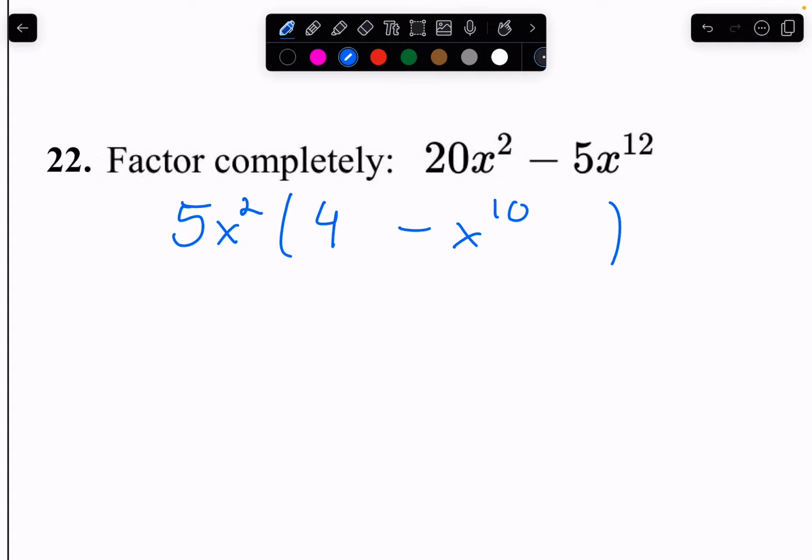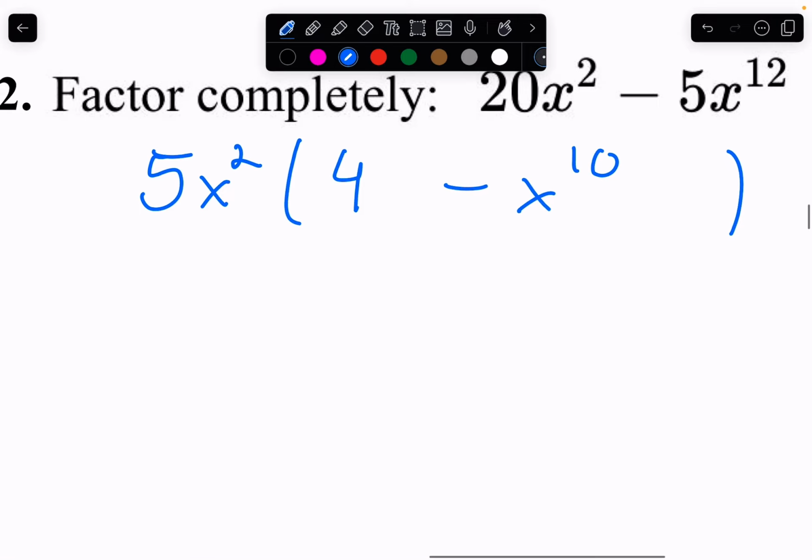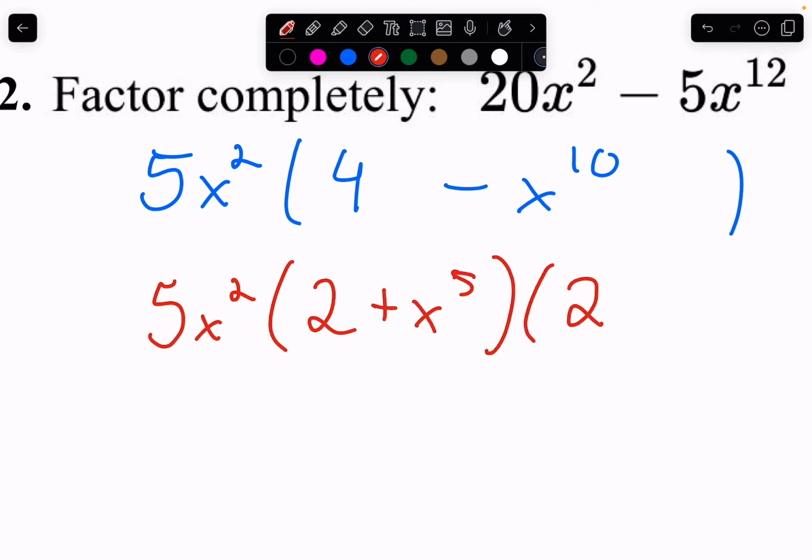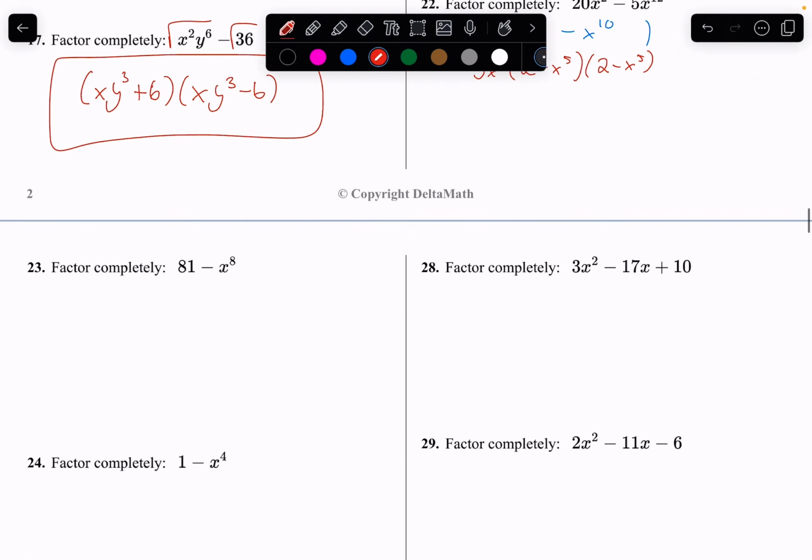Remember, when you divide things with powers, you subtract. So now we're going to square root both of these. We get 2 plus x to the 5th times 2 minus x to the 5th.